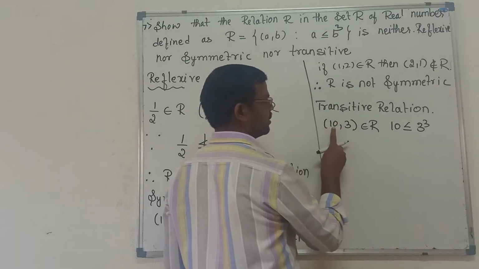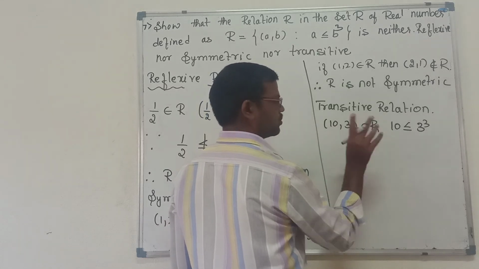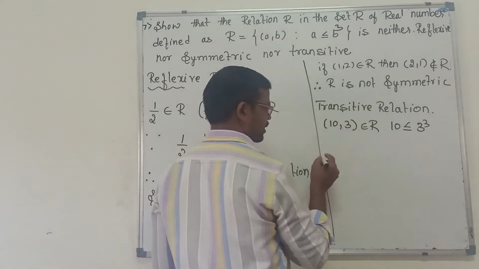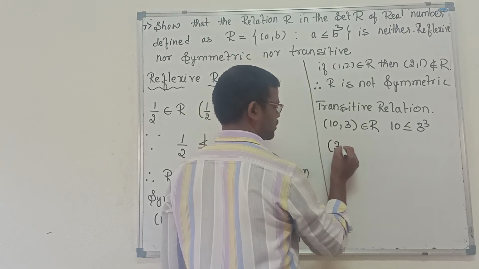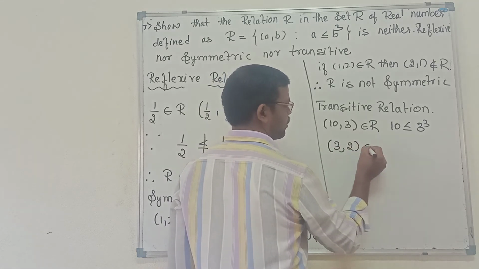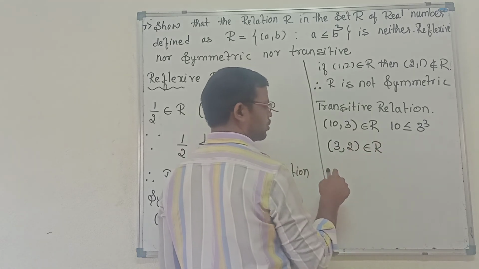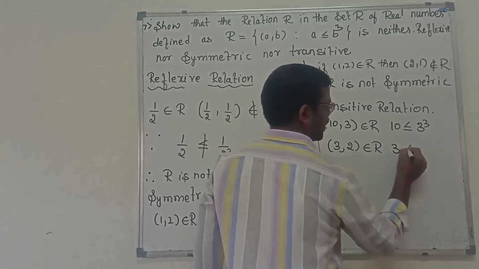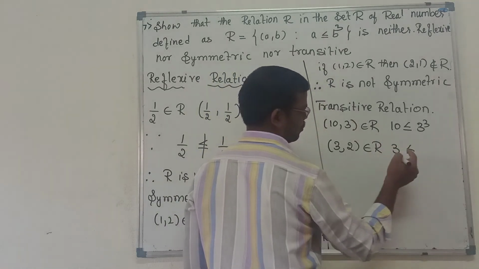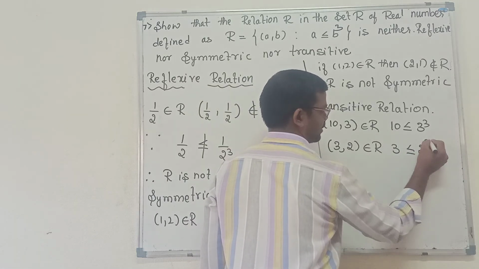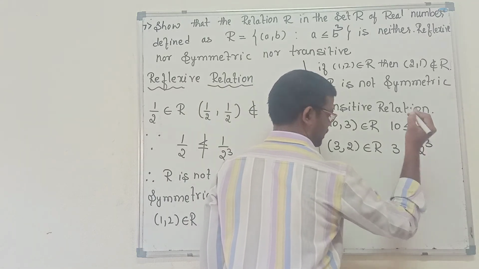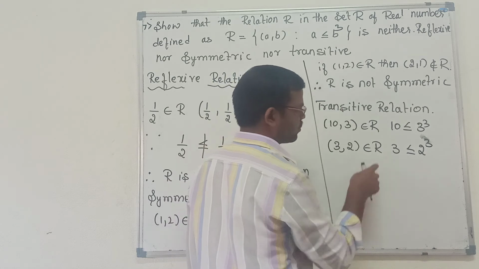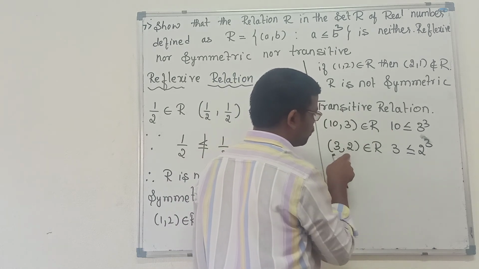For that reason 10 comma 3 belongs to R. Next we take another pair, 3 comma 2 belongs to R. If 3 comma 2 belongs to R, it means 3 is less than 2 cube, and 2 cube means 8. Next we have to check whether 10 comma 2 belongs to R.